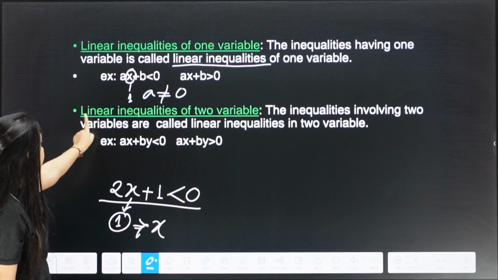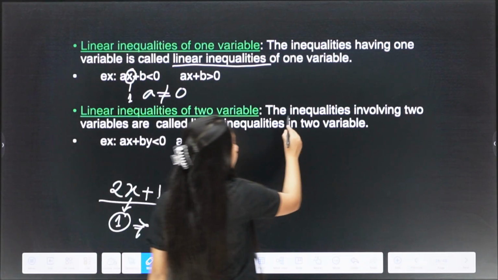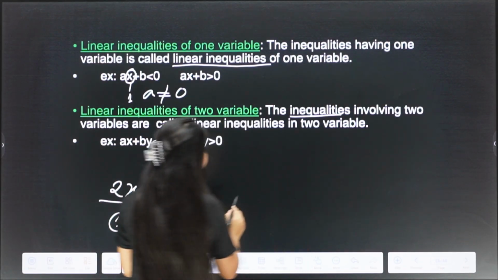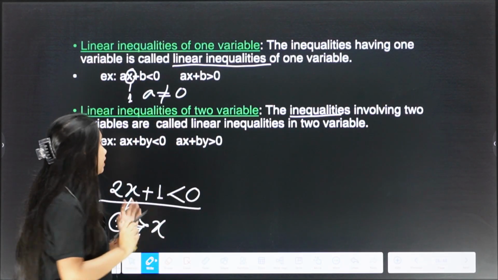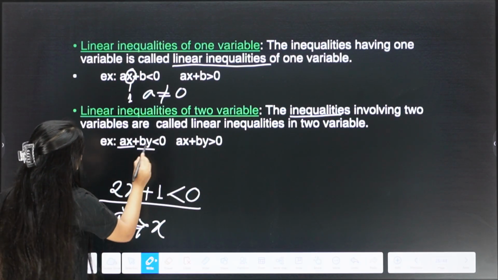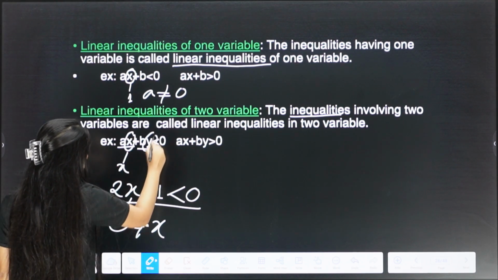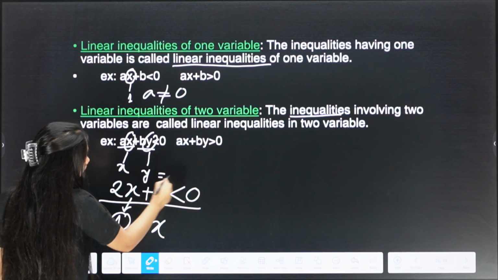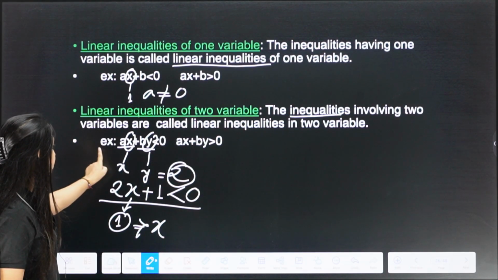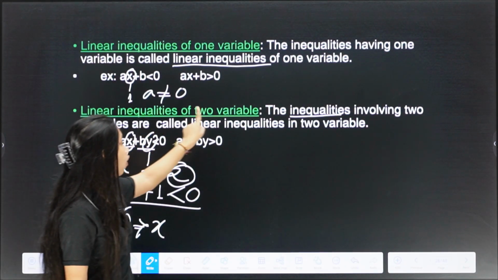Again, what are linear inequalities of two variables? The inequalities involving two variables are called linear inequalities in two variables. For example, I have taken ax plus by less than 0. Here the variables are x and y. Since we have two variables, this type of inequality is called a linear inequality of two variables.